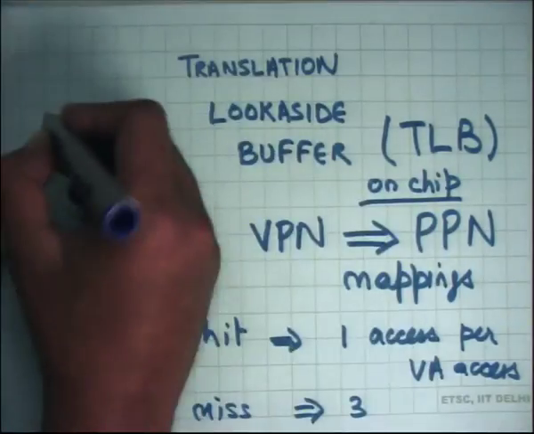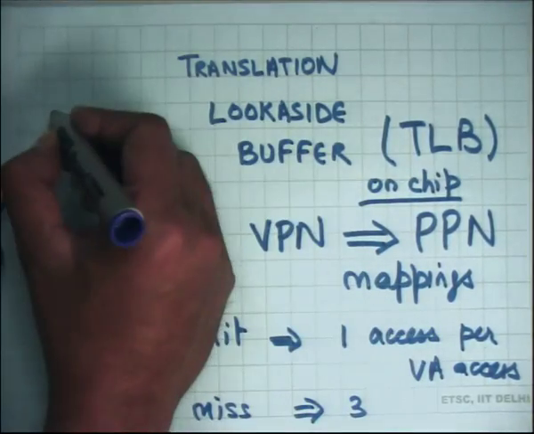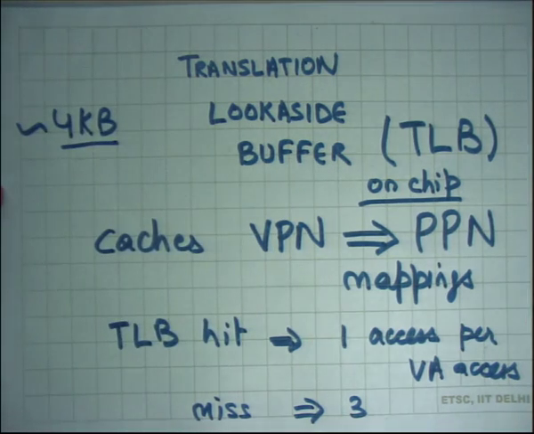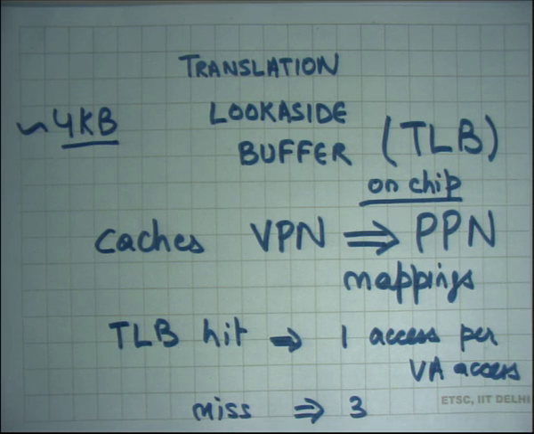Typical TLB sizes on modern processors will be, let's say, 4 kilobytes, roughly. Let's say each TLB entry requires 8 bytes, then a 4 kilobyte TLB can cache 512 such page entries, so you can cache 512 VPN to PPN mappings in your TLB.